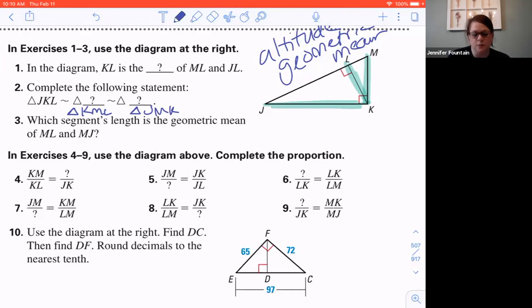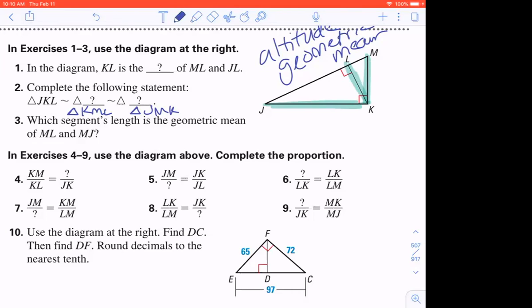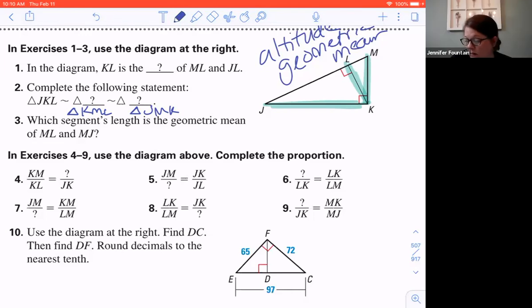What is going to be in that numerator? JL. I'm sorry? JL. Not JL. Remember, I'm dealing with geometric mean, so that's my repeating. So if KL is in the denominator of the first one, it's in the numerator of the second one. Okay.